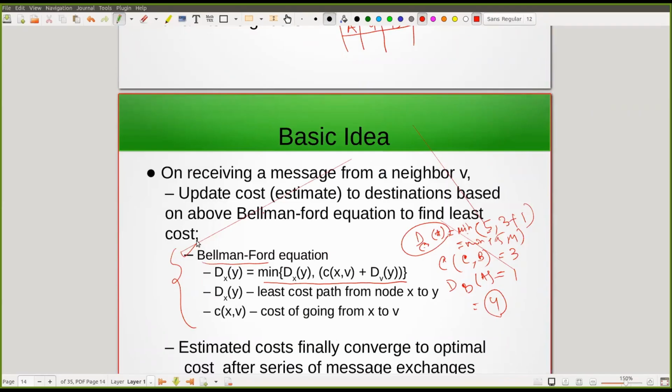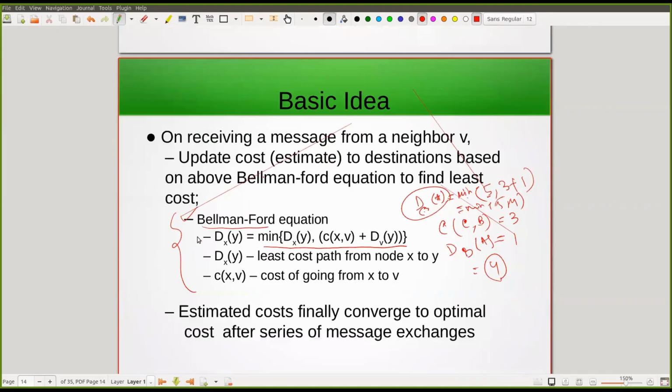When this happens again and again, after various iterations everybody knows the minimum cost of going from one node to another node. This is the basic idea of how the distance vector routing algorithm works, using the most important equation to find the minimum cost, called the Bellman-Ford equation.